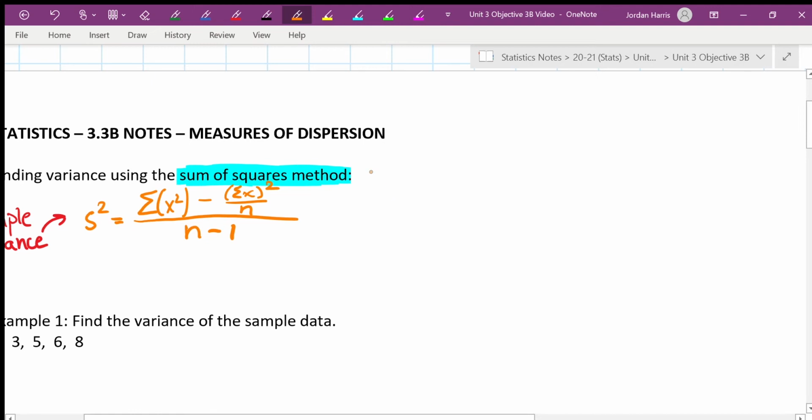Then we have the population variance. Very, very similar formula, but it's a different symbol, sigma squared now, lowercase sigma.